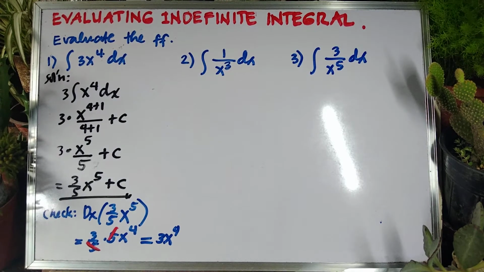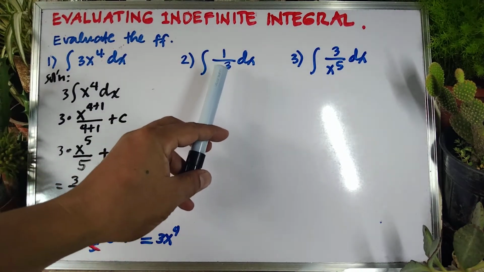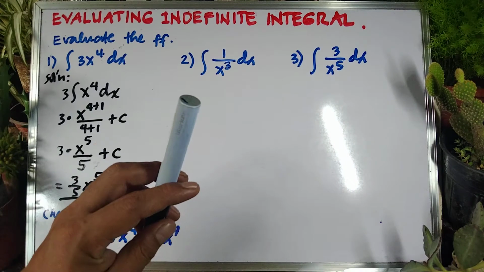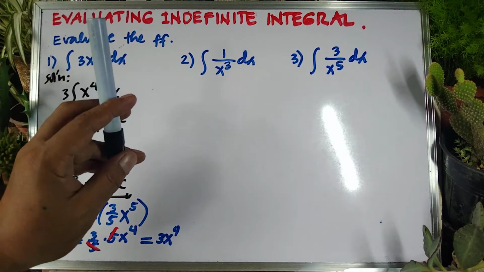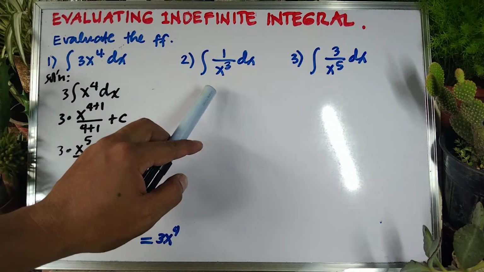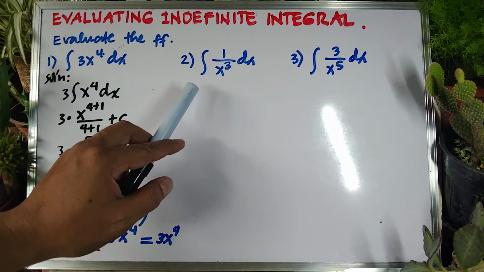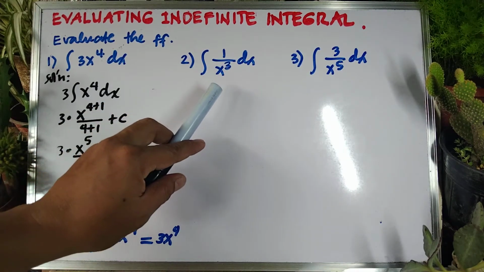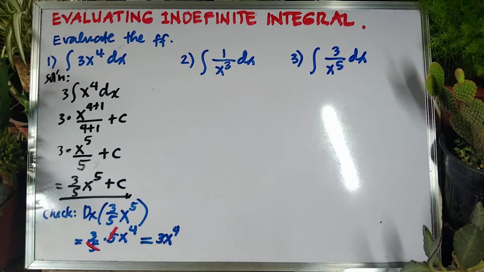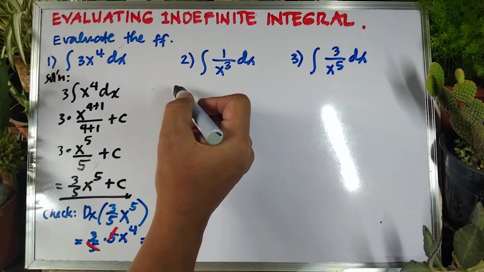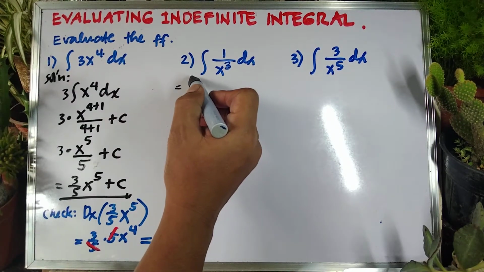Now, let's proceed to example number 2. Find the indefinite integral of 1 over x cubed dx. Now, as we observe, from the basic examples, hindi natin ito masasagot dire-diretso eh. So, we will rewrite this to its equivalent form first. Ibig sabihin, isusulat natin yan ng ganito.